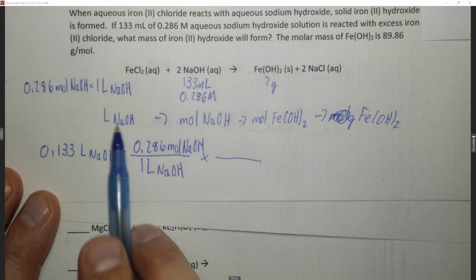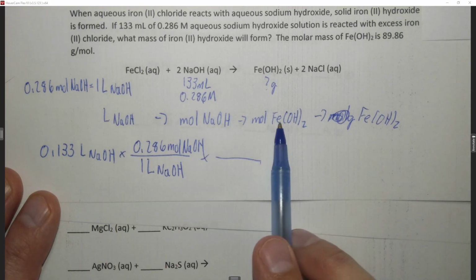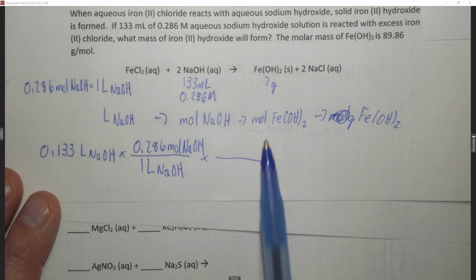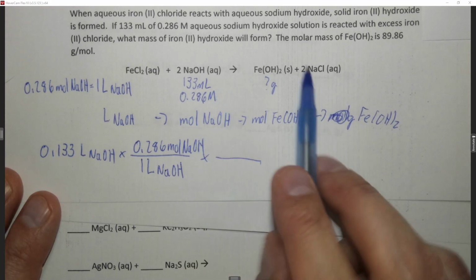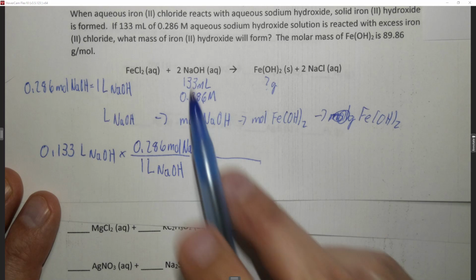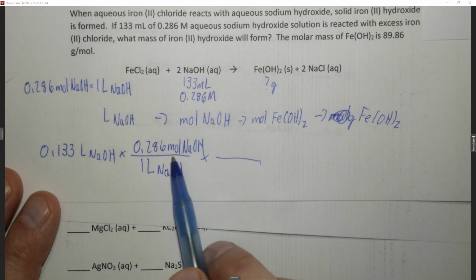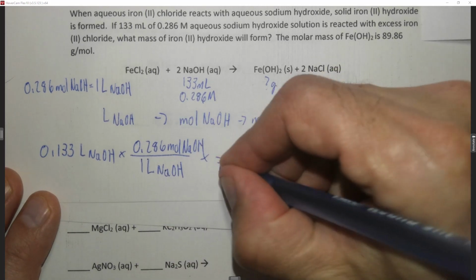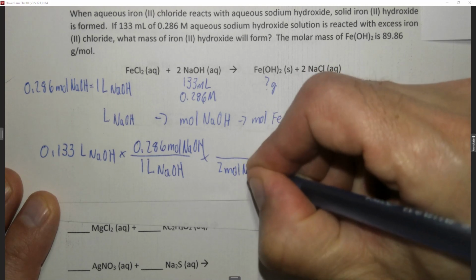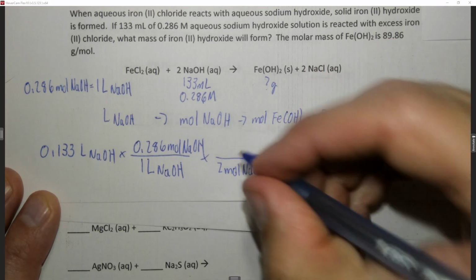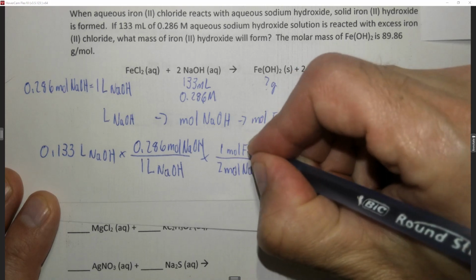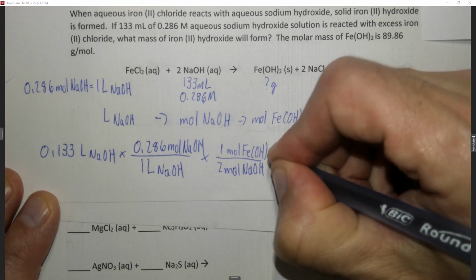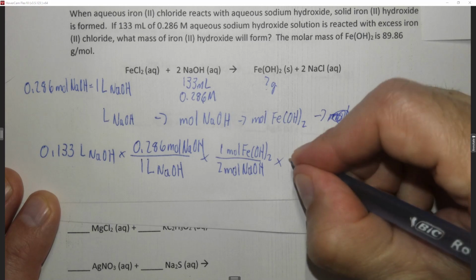Then we want to convert from moles of NaOH to moles of iron 2 hydroxide. Always, always, always, if you're going from moles of one thing to moles of another, you're using the balanced chemical equation. So in this case, we want NaOH to go, so we're going to put the 2 moles of NaOH on the bottom, so it cancels out, and the 1 mole, because there's a 1 there, mole of Fe(OH)2 on the top.